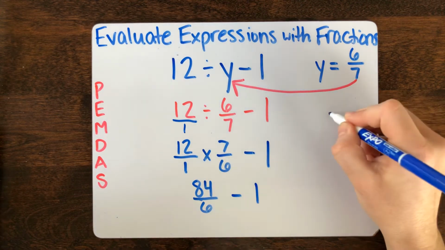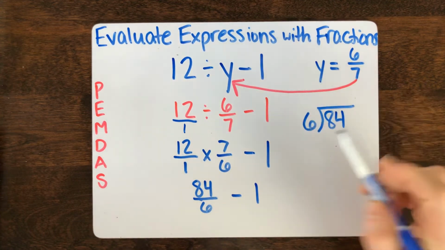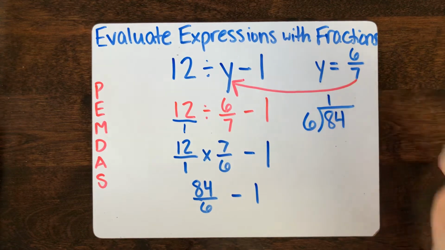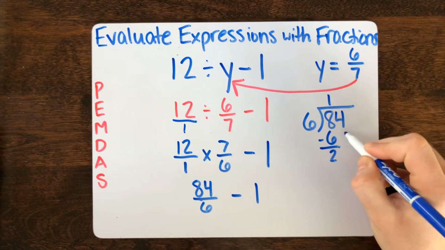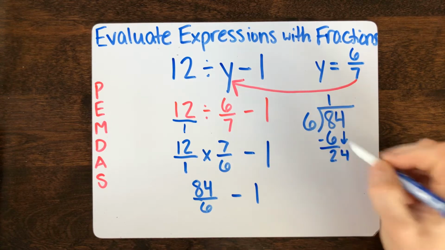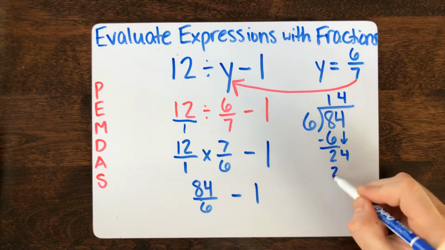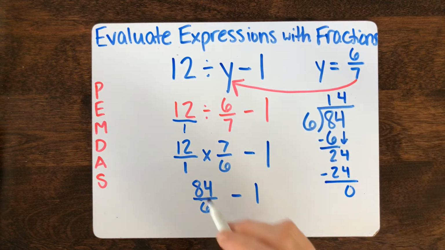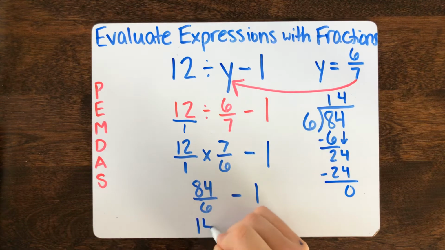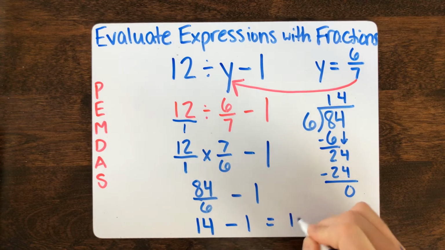So let's do a little division. 6 goes into 8 once, and we get 6. We subtract, we get 2. Bring down the 4. 6 goes into 24 4 times exactly. So our answer is 14. 14 minus 1, oh, 13.